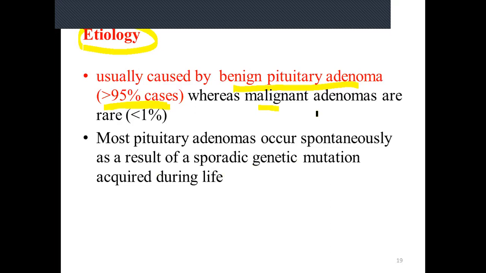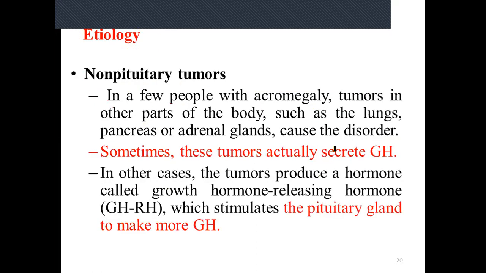But malignant adenoma is very rare, causing less than 1% of excessive growth hormone production. Most of the adenomas occur due to spontaneous genetic mutation acquired during lifetime, and no one really knows what causes this mutation. So the most likely causes are not really known, but mostly it is due to adenoma in the gland.